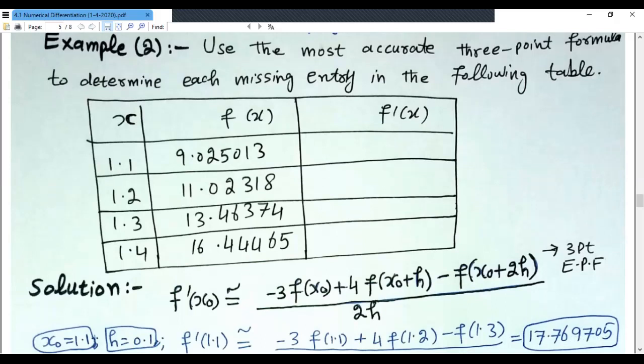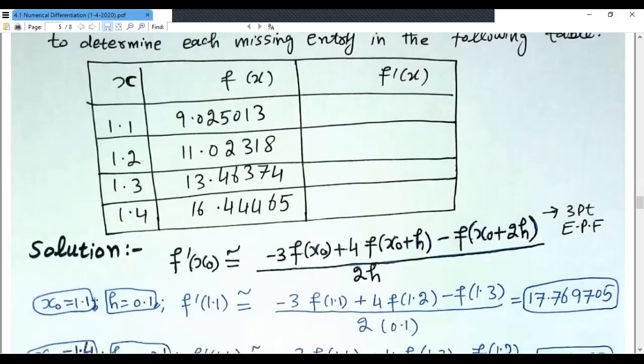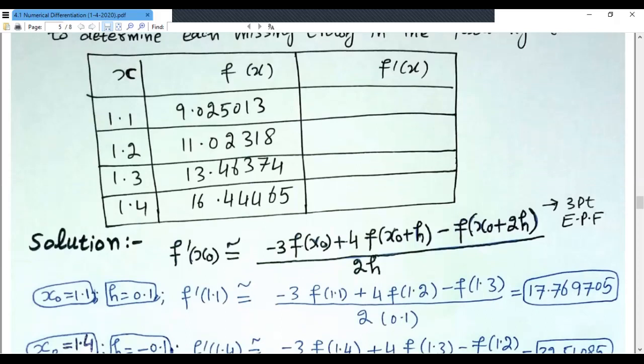But to find the numerical derivative at 1.2 and 1.3, we can use both midpoint and endpoint, but the most accurate would be the midpoint.